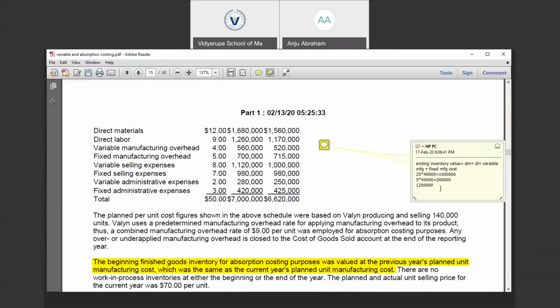Or you could just find 25 plus 5, 30. 30 into 40,000. That's 1,200,000. I just show the division of this cost. So we could just take total manufacturing unit cost into the total ending inventory, which is total ending inventory value. So you're clear with the explanation?